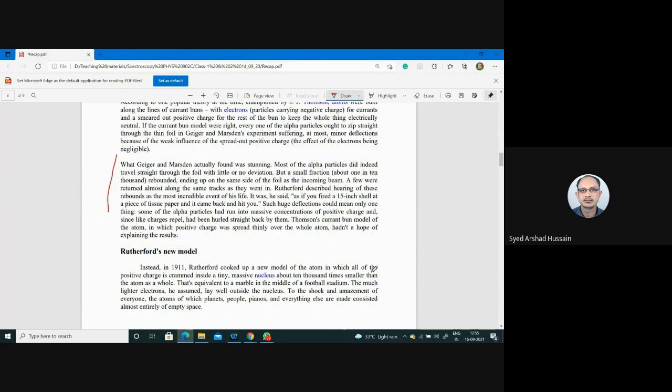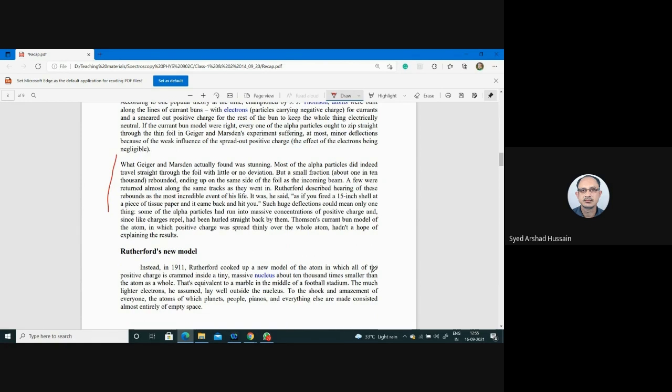Most of the alpha particles travelled across the foil with hardly any deviation. But a small fraction, about 1 in 10,000, rebounded, or came back to the initial incident direction.